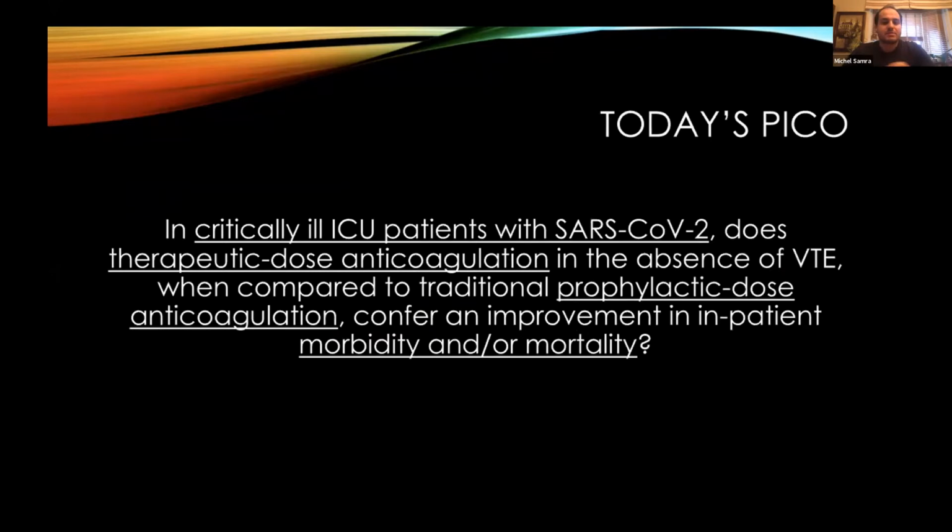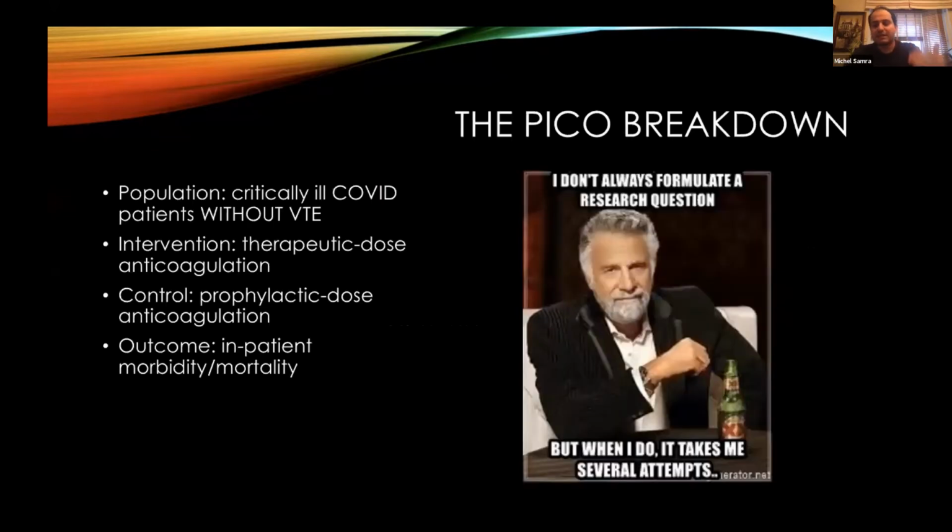So my PICO was basically specifically in critically ill ICU patients with COVID, does therapeutic dose anticoagulation in the absence of venous thromboembolism, when compared to traditional prophylactic dose anticoagulation, offer an improvement for inpatient morbidity and mortality? So if I really break that down, the population we're looking at is really critically ill COVID patients who do not have venous thromboembolism.